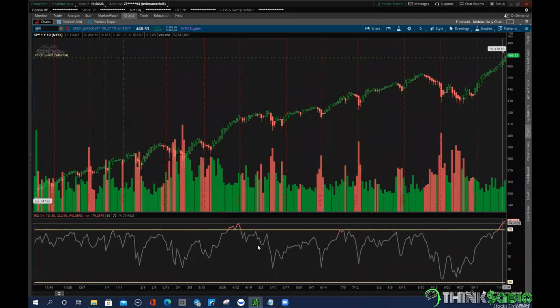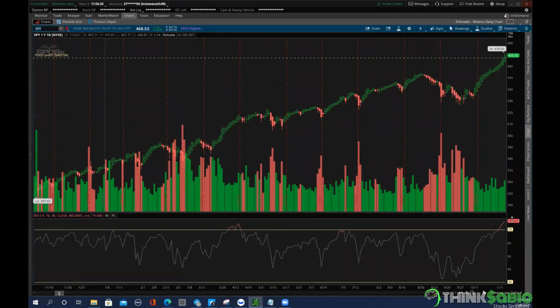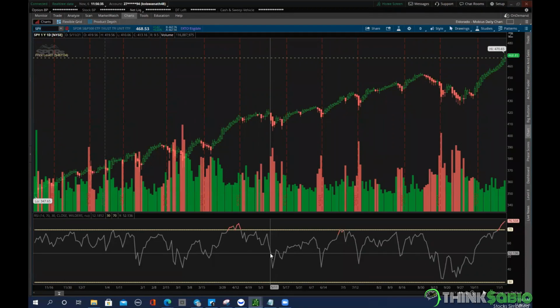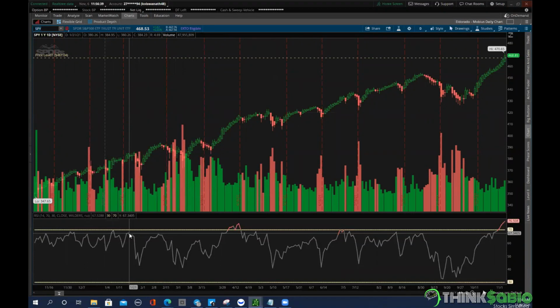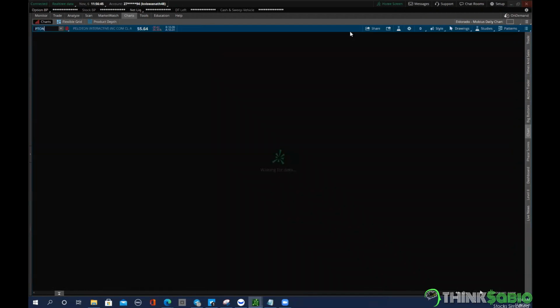The point is that it can go overbought and stay there for some time. But it will give you a good gauge of whether a stock is overbought or oversold. Many fund managers and many people use RSI to get a feel of how the market is doing. If someone wants to look at Python, we can definitely do that and see.